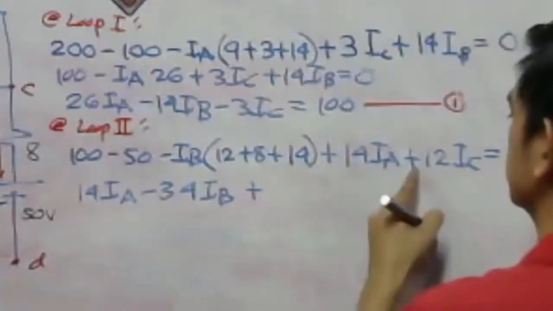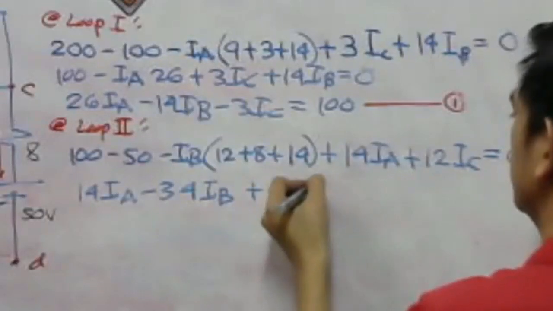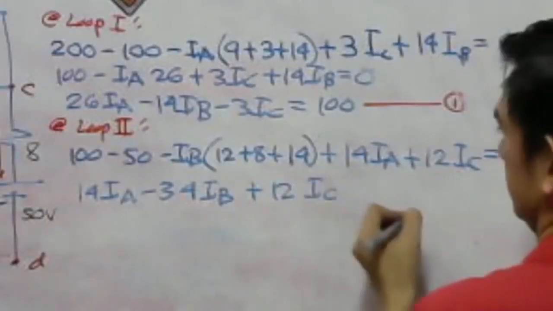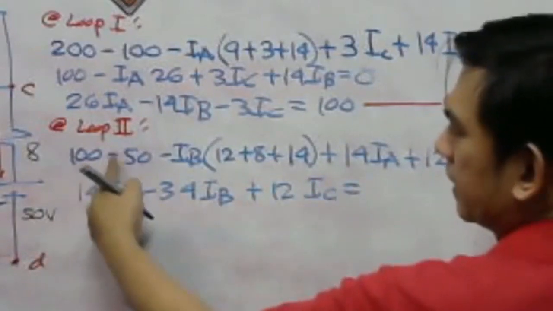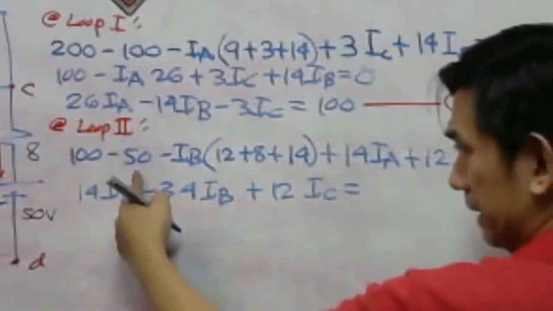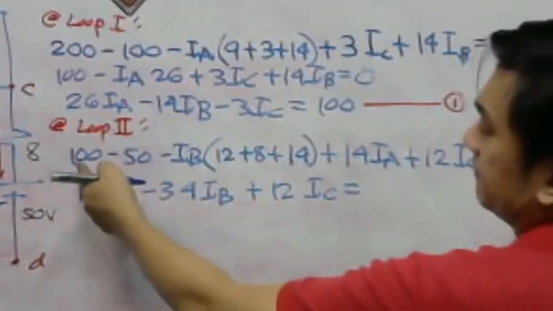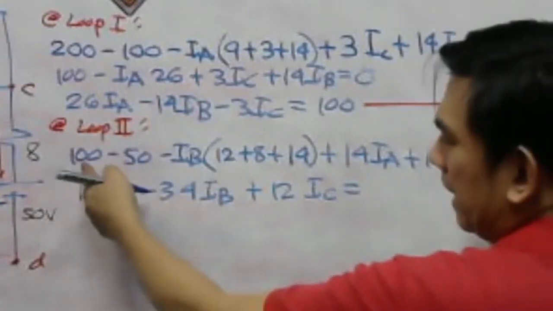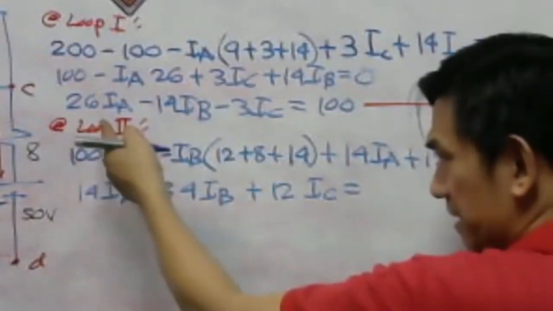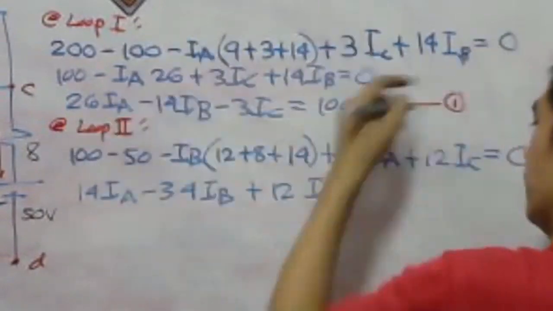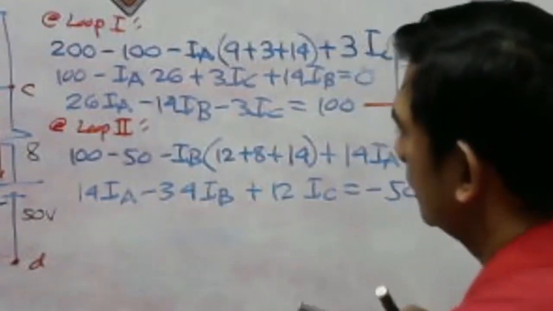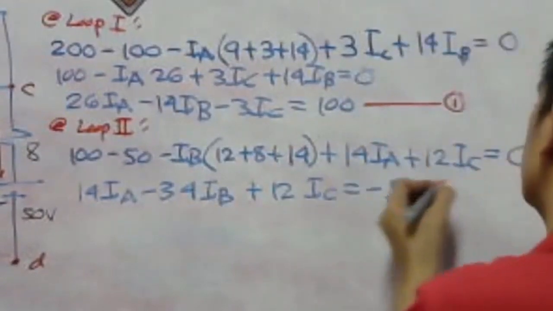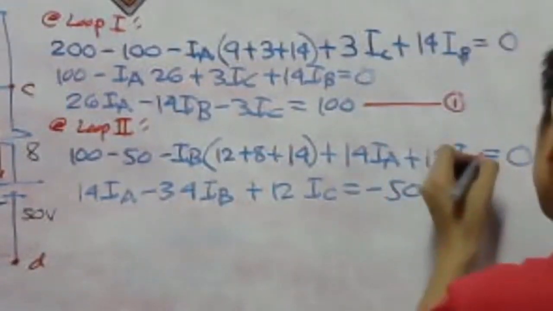Plus 12 I sub C. That is equal to 100 minus 50, which is positive 50. Let us transpose, that will become negative 50. So this will be our loop equation number 2.